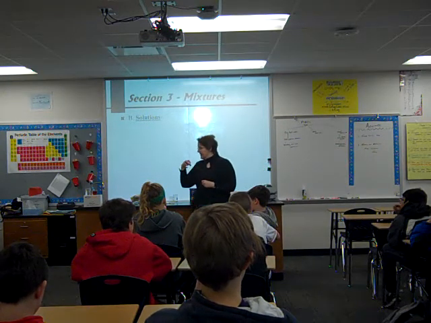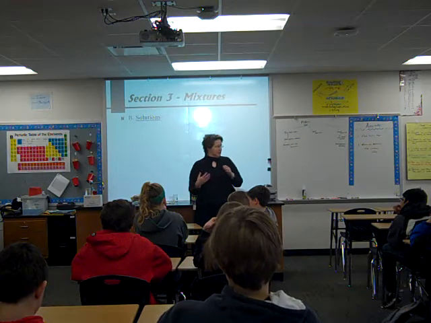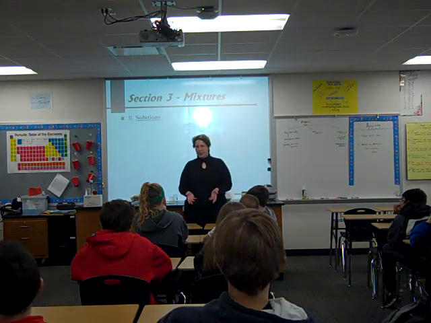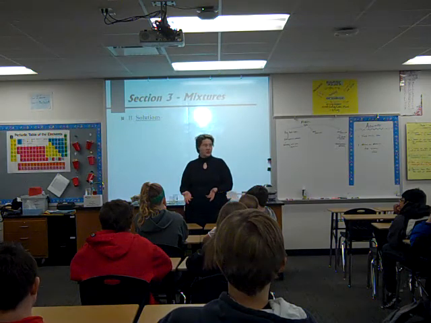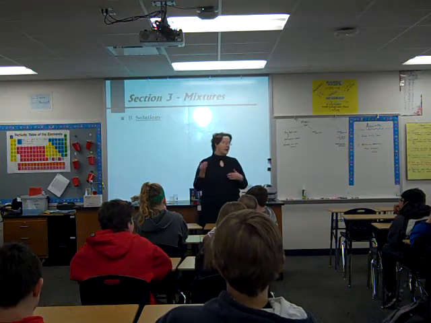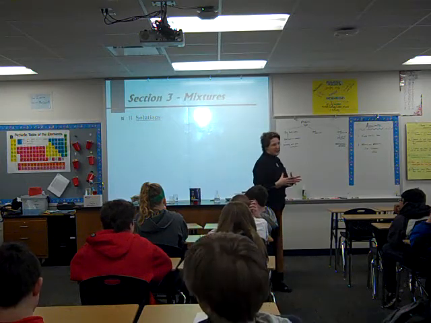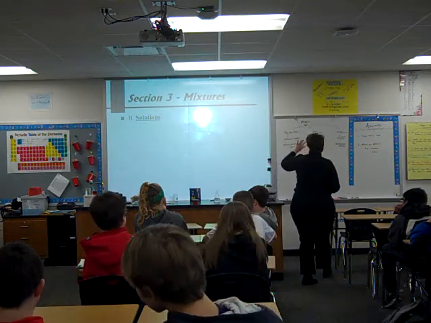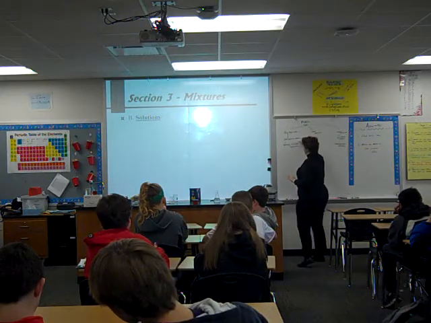You can see the pieces. That's usually what we're talking about. Chicken noodle soup. Muddy water. Chicken pot pie. Yum. These are things where the pieces are big enough that you can see them, and so they're going to be a heterogeneous mixture.